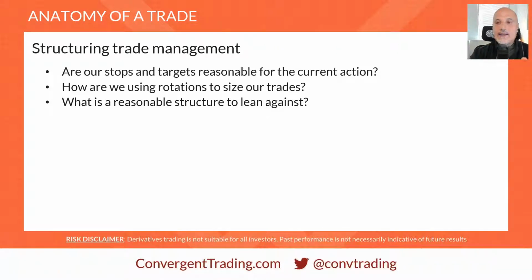So I need it to offset 48 ticks, and I expect to collect at least 2R. So I'm looking for 96 ticks for 48 ticks of risk.